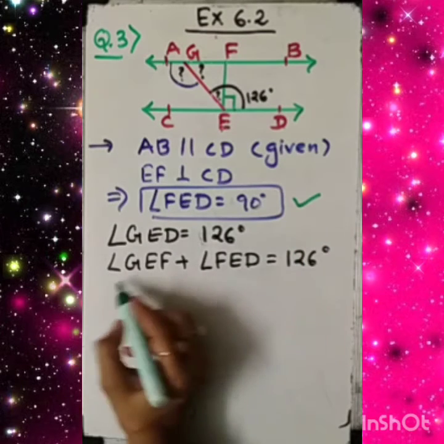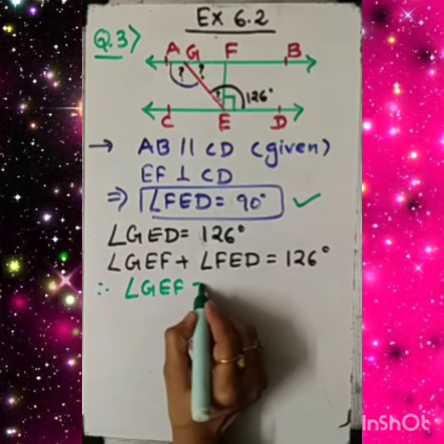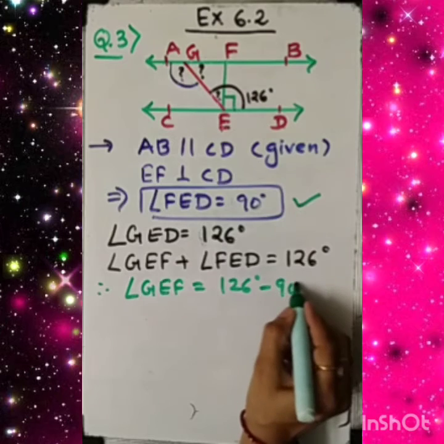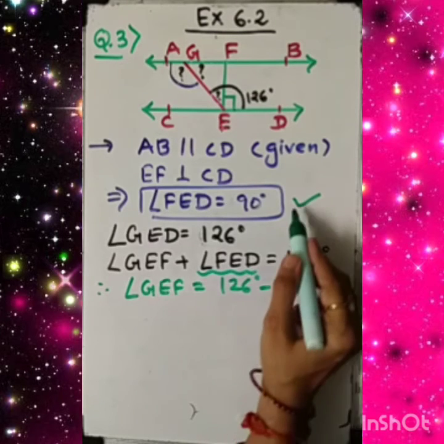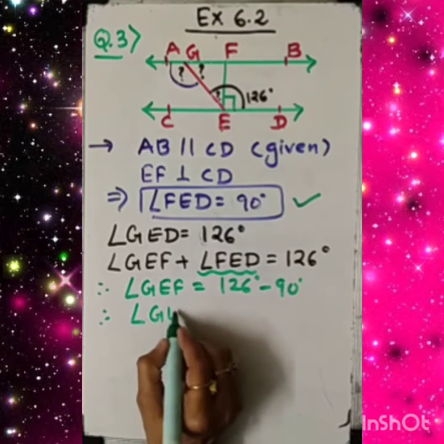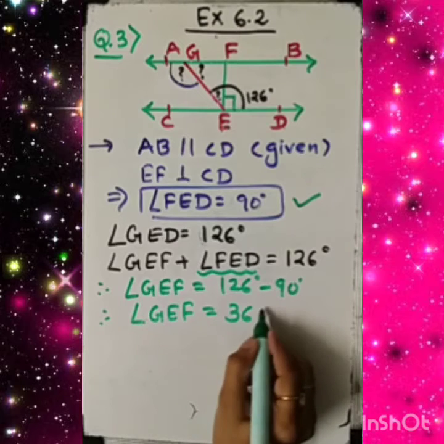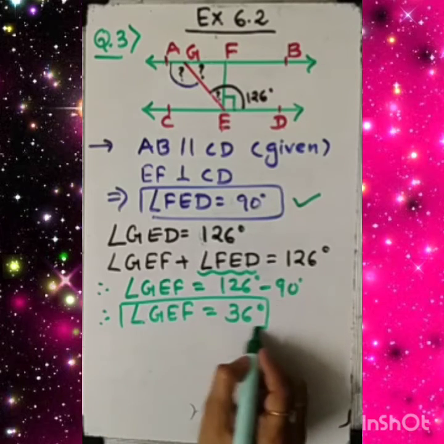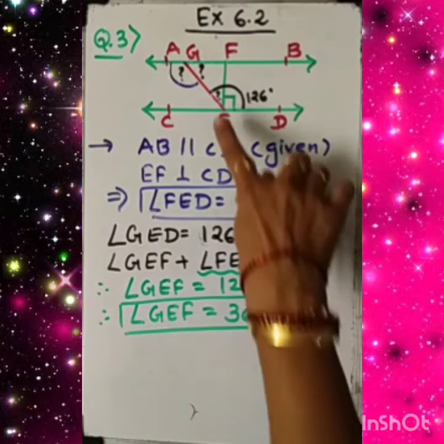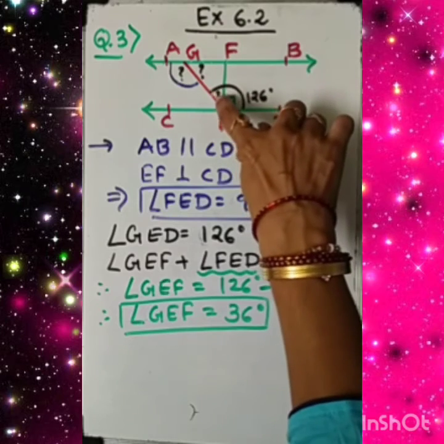That's why angle GEF equals 126 minus 90, because this value is already 90 with us. So after subtracting, the value of GEF will be 36 degrees. This is one of the required results.